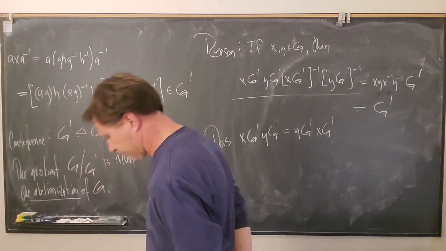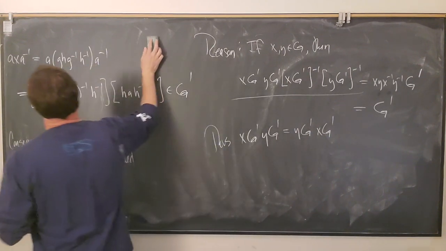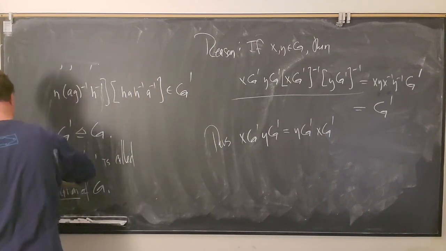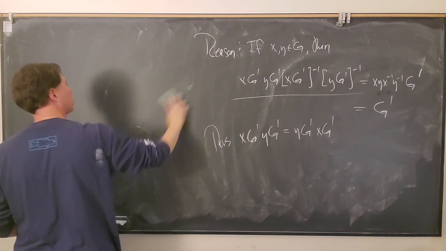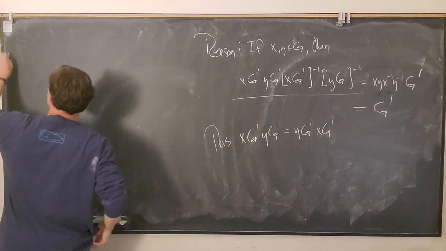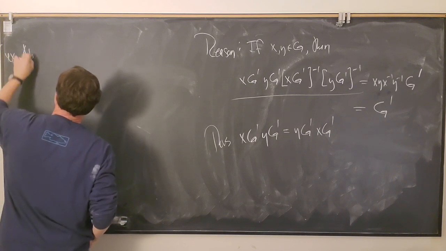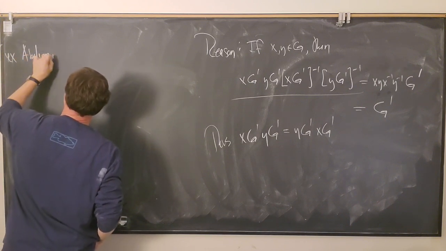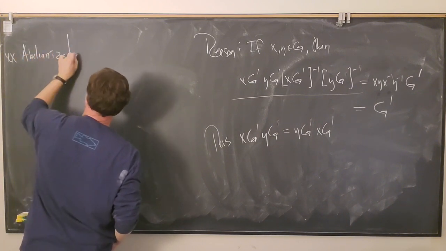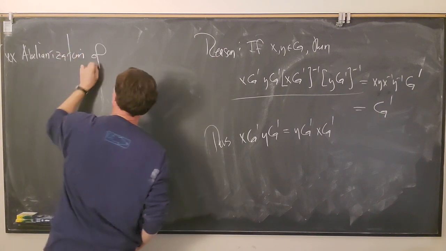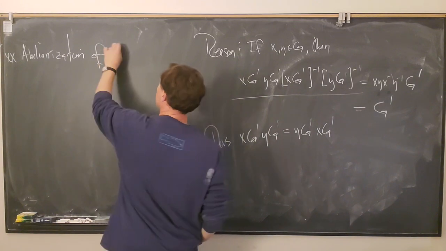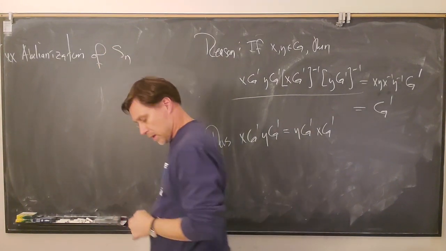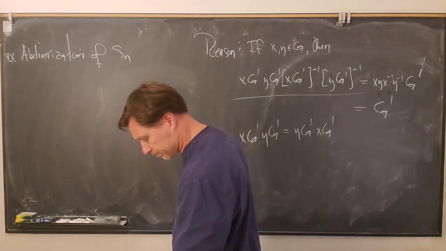Now let me do an example or two of the abelianization. Our first example: let's look at the abelianization of S sub n, and I want to do this in steps.